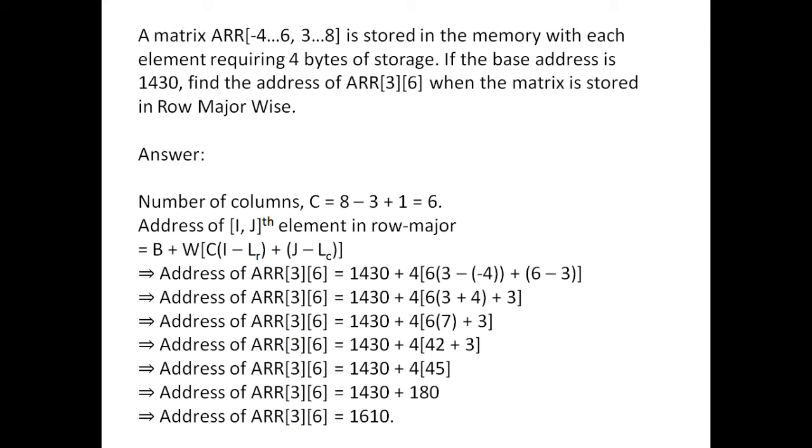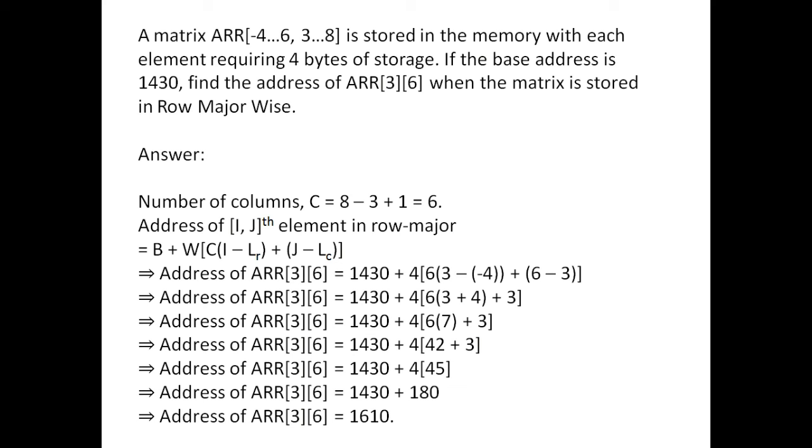You can see at the starting of the matrix, number of columns you will get 8 minus 3 plus 1, number of rows you will get 6 minus -4 plus 1. Lower row is -4, upper row is 6. Lower column is 3, upper column is 8. Base address is given as 1430, W is given as 4, IJ value is given as 36.